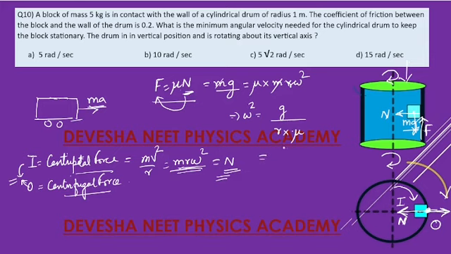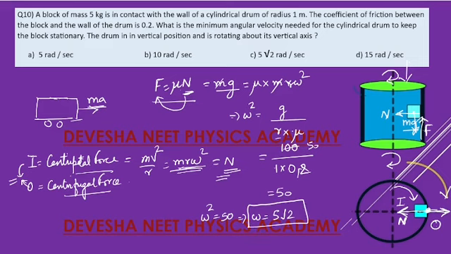Now it's given that g is equal to 10, r is 1, and mu is 0.2. So this is 10 divided by 0.2, which is 50. That means omega square is equal to 50, so omega is equal to 5 root 2. So this is the answer.